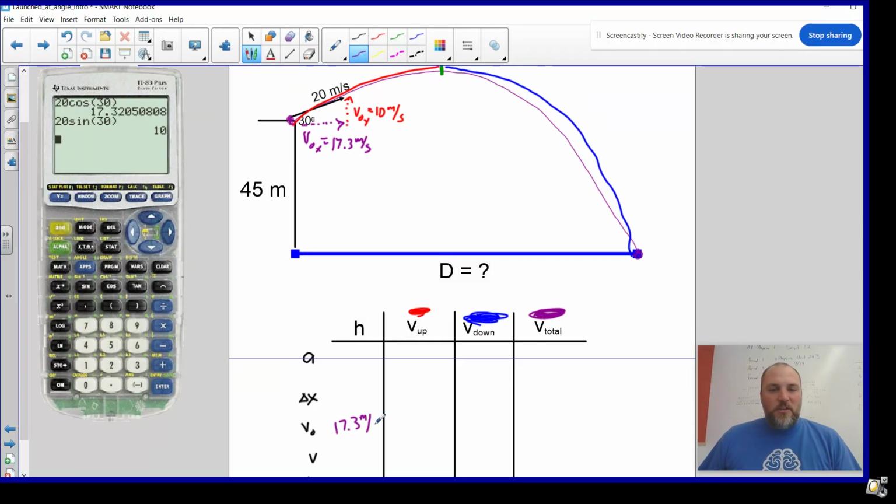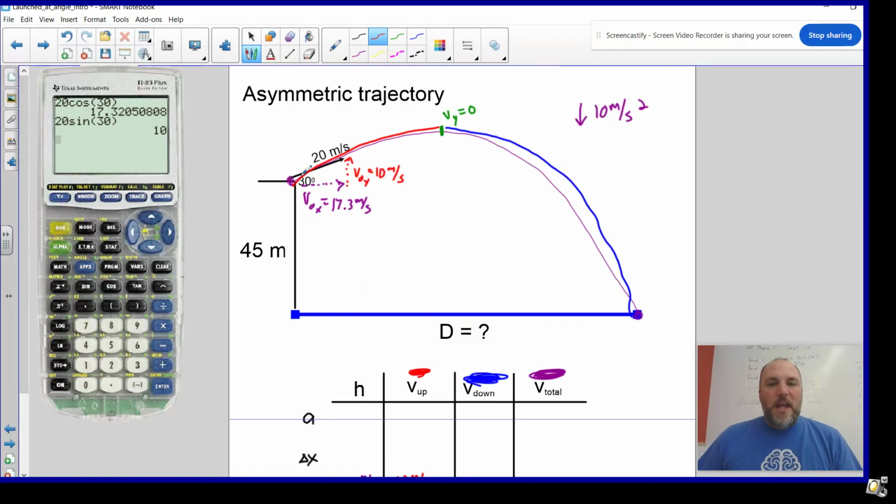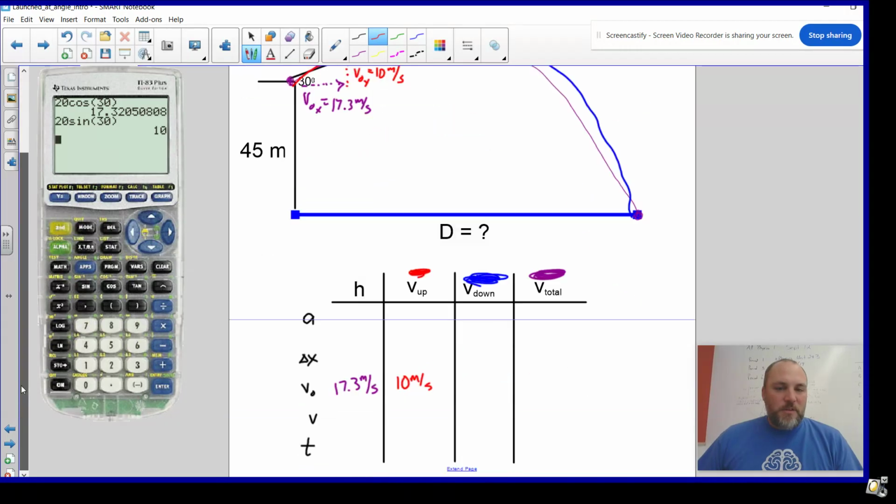So that's my initial horizontal velocity. And at the start of the red path, the beginning of the upward trajectory, the vertical velocity is 10 meters per second. But also, that's the same moment in time as the purple path, or the total flight path. So the initial vertical velocity on the purple path is also 10 meters per second.